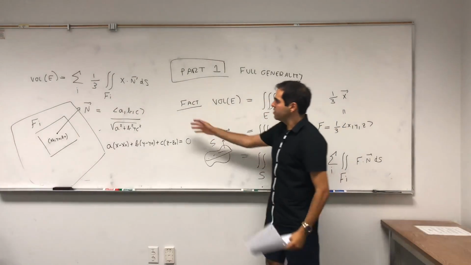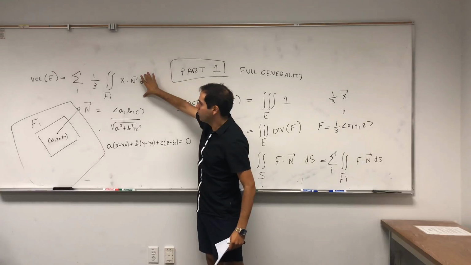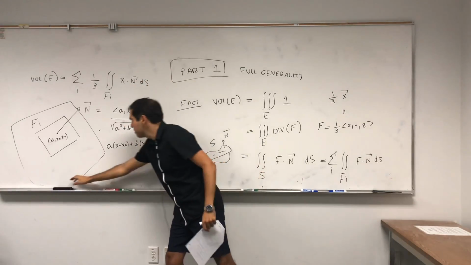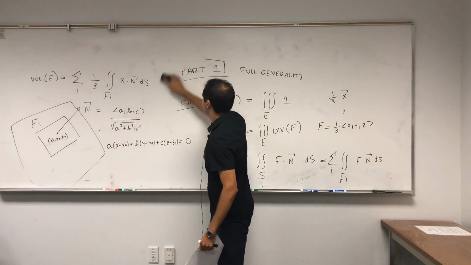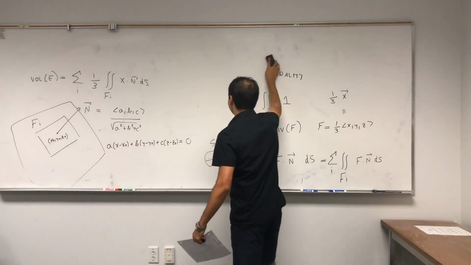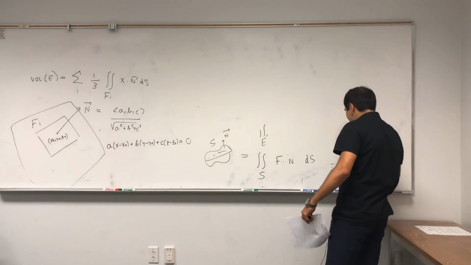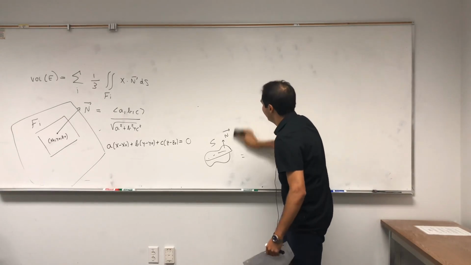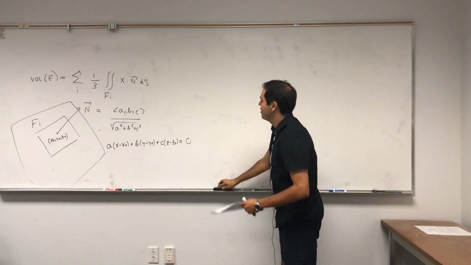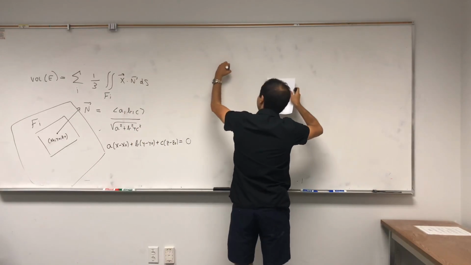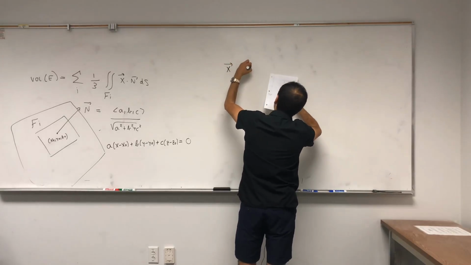So this is a super general formula, but in our case, this will simplify. Yes, it's very abstract and difficult, but we're also doing a very difficult problem. So now, x dotted with n.